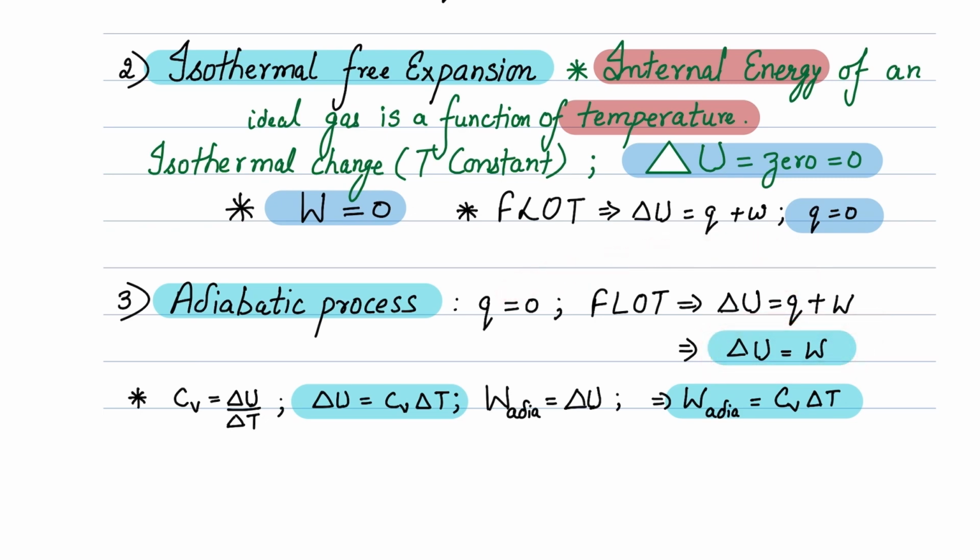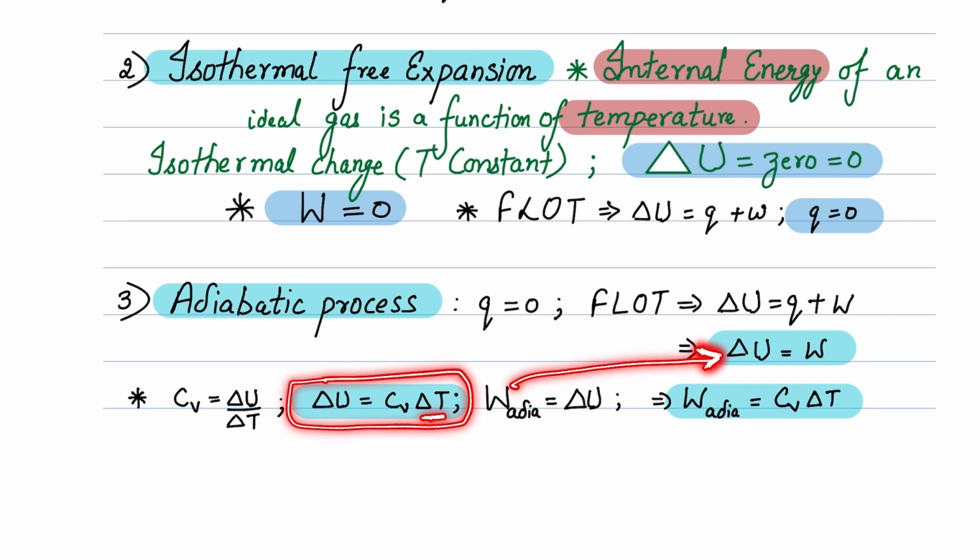Now when we will go further deep into this chapter, we will study a formula CV, that is heat capacity at a constant volume. That CV is basically equal to delta U by delta T. So I can say that delta U is equal to CV delta T. So we know that delta U is equal to W in the case of adiabatic process.